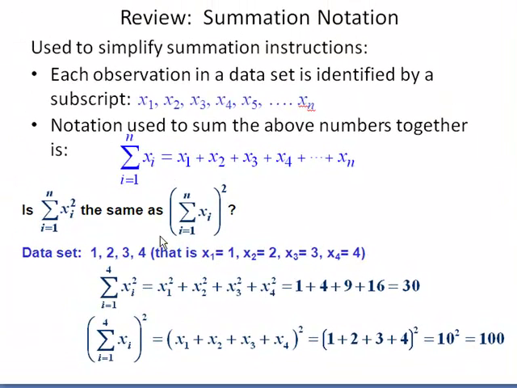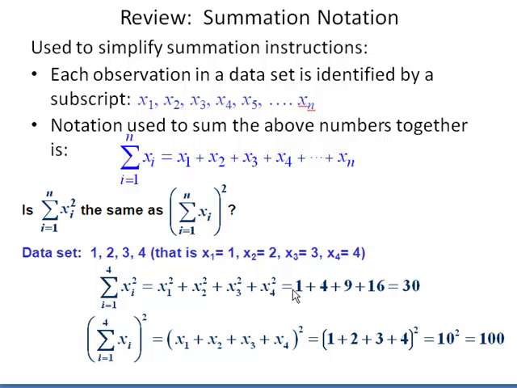That's what those subscripts mean. So let's look at the first symbol here, the summation from 1 to 4, because we have 4 data points. And it's saying sum the square of those data values. So it's saying square the first data value plus the square of the second data value plus the square of the third data value plus the square of the fourth.